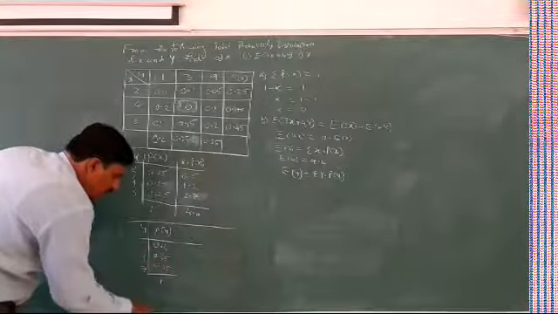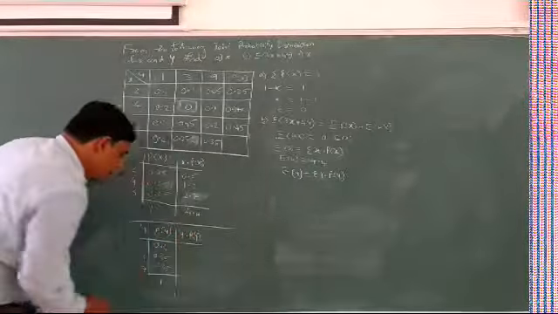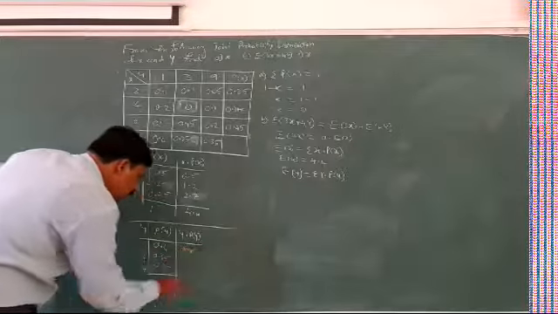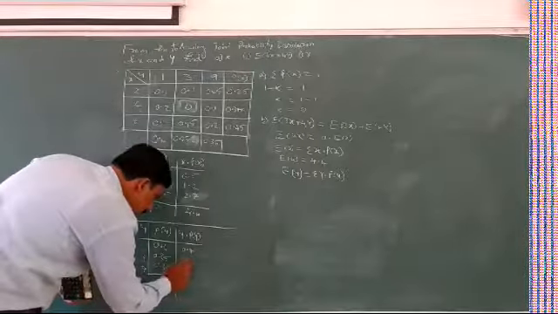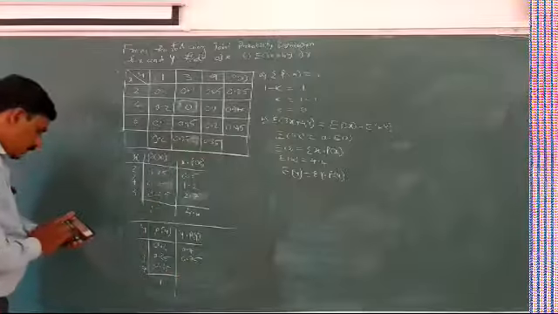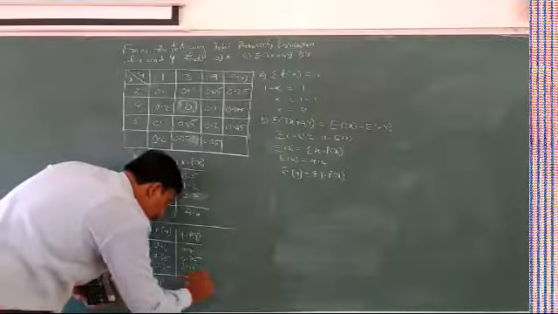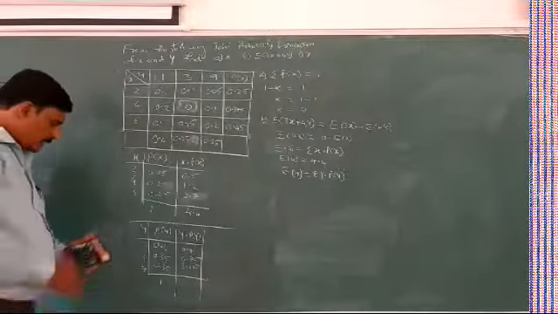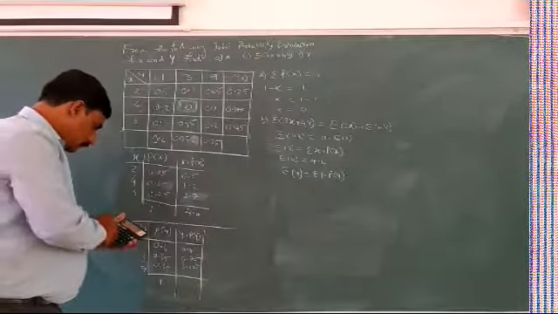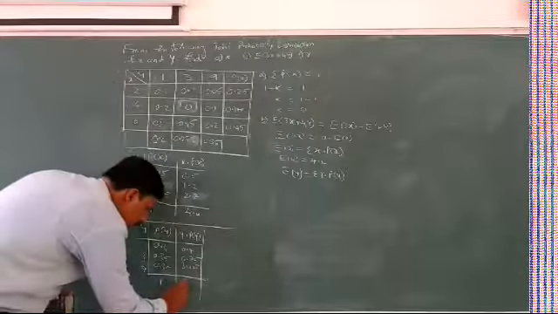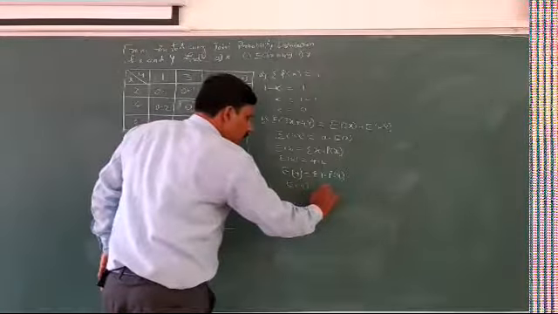So total is 1. Now y into p of y. So 1 into 0.4 is 0.4. Now 3 into 0.25 is equal to 0.75 and 9 into 0.35 is equal to 3.15. So the total of the y into p of y column is 0.4 plus 0.75 plus 3.15, which is equal to 4.3. So expectation of y is equal to 4.3.